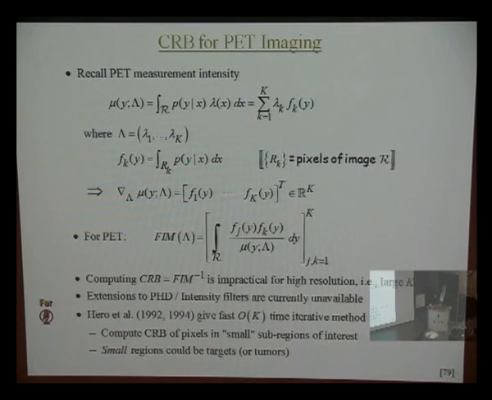But you're still interested, and this is where Alfred Hero, who actually is one of my theoretical heroes, comes in. I hardly know the man, but I know his papers. He studied this problem in the image setting in '92 and '94. He said, well, you can pick a sub-region of your picture, imagining that this is a region where there's a tumor.